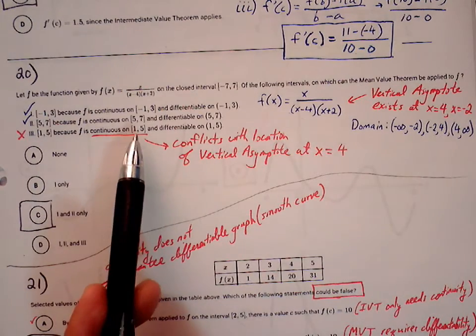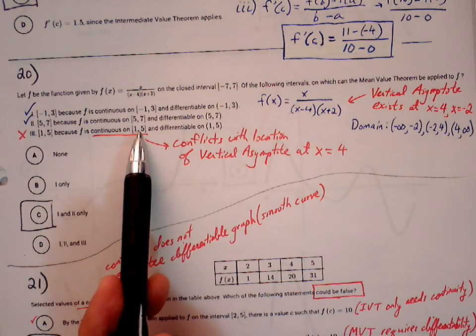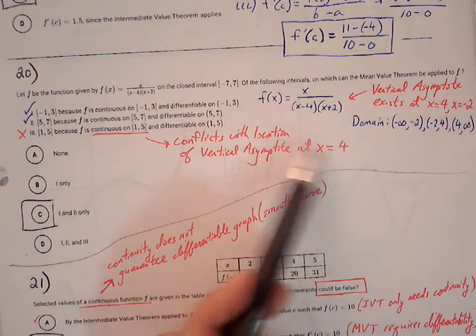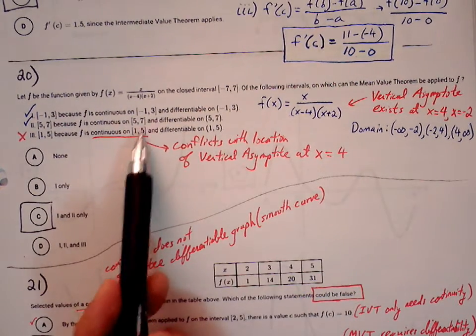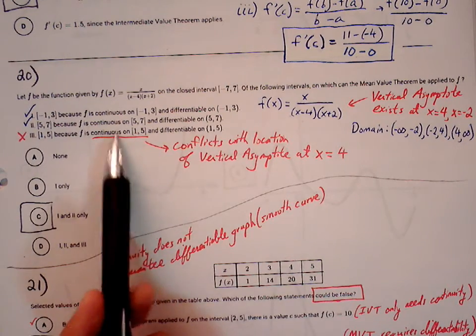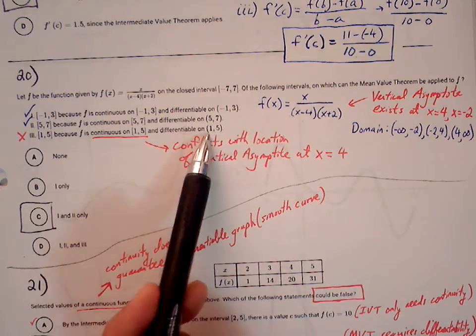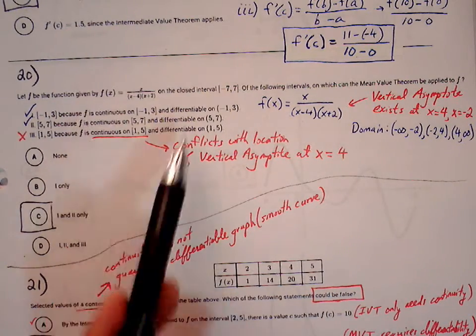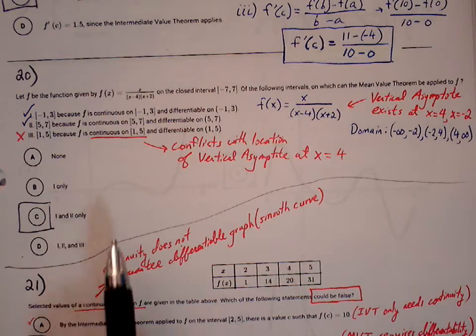The conflict occurs between 1 and 5. There is a vertical asymptote at 4, and it disrupts that interval. So we can't state the function is continuous and differentiable on that interval. So option 3 is out, just 1 and 2, and that's answer choice C.